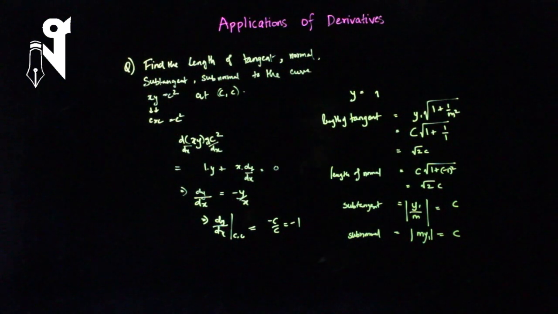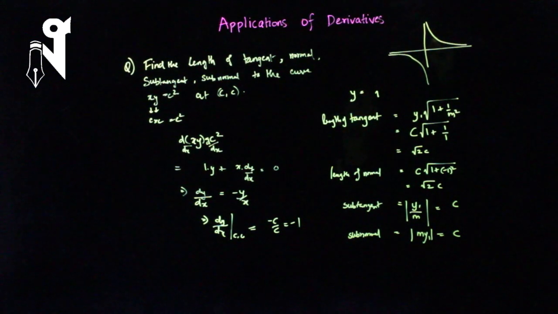And if you look at the curve also, the curve is a hyperbola, and the point c comma c is one of these 2 points. Basically these 2 points will be passing through the line y is equal to x. So at this point, if I draw the tangent and the normal, the normal is in fact just the line y is equal to x.